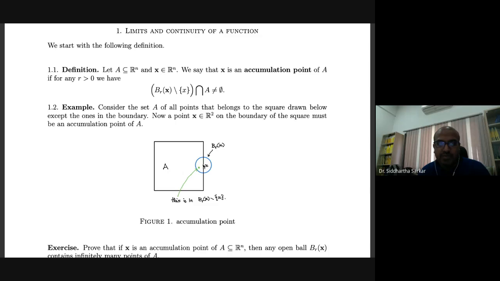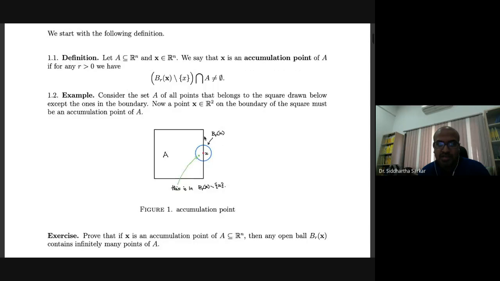But if I pick this red point over here, which is x, lying on the right side of the square, so on the boundary, and I draw a ball of radius r around this point, no matter what positive real number I choose, I'll end up getting at least some point inside this ball other than the point x. For example, this green point, which is living inside this blue radius r open ball. So open means I'm excluding the points on the blue boundary.